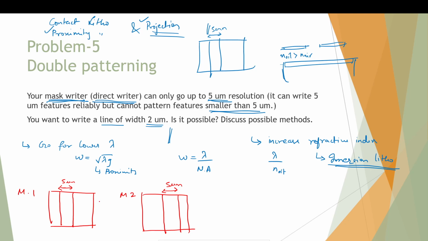So when I write them one after the other, just like we did in the previous case, what I intend to achieve is this, so this is my 2 micron line. The exact process flow we can discuss, however it is the same as we did before. Just for the sake of complete understanding, we can do it once.